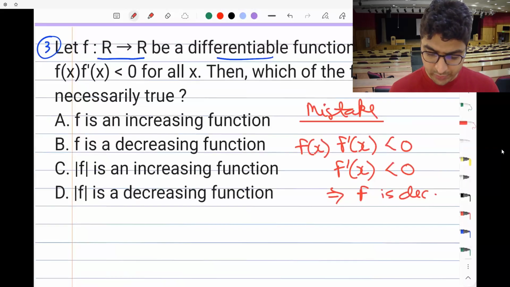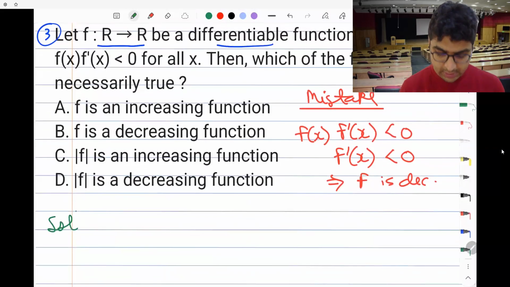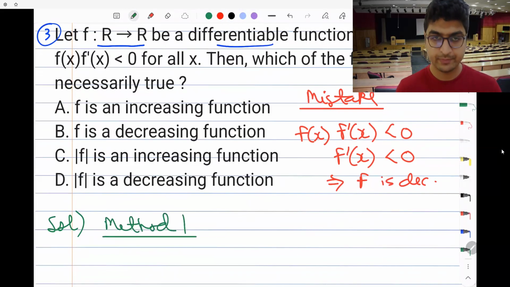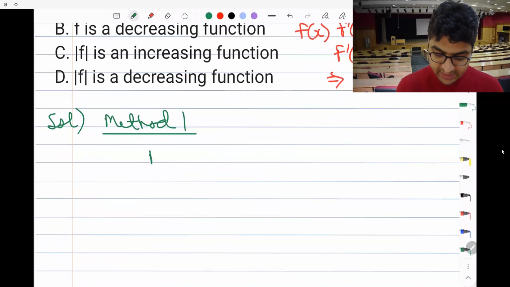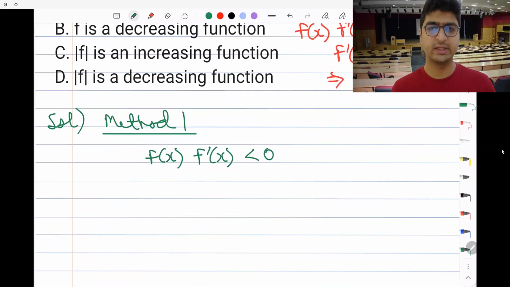Okay, so what we can do is, let's see this. I'll give you three methods to understand this. Method one: what you are given is f(x) f dash x is less than zero.